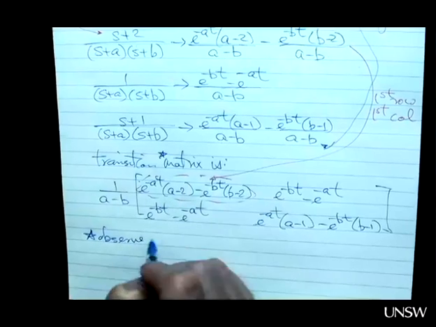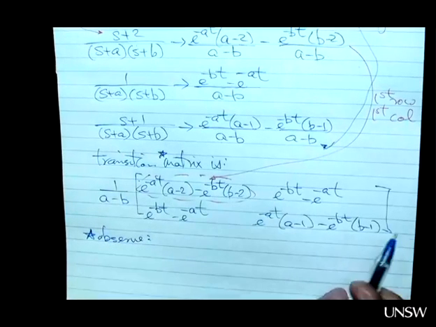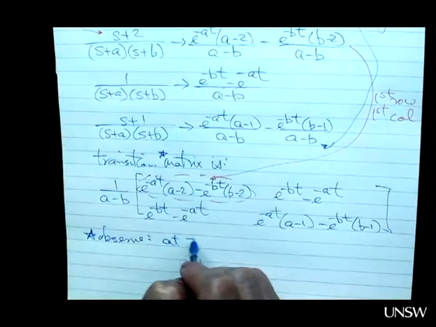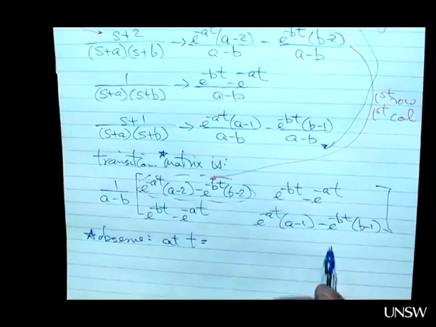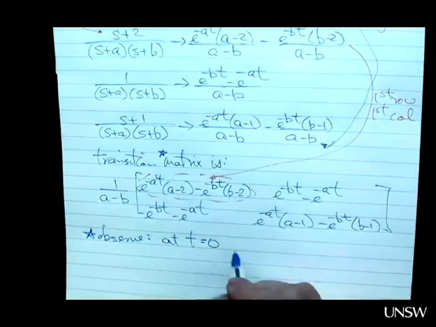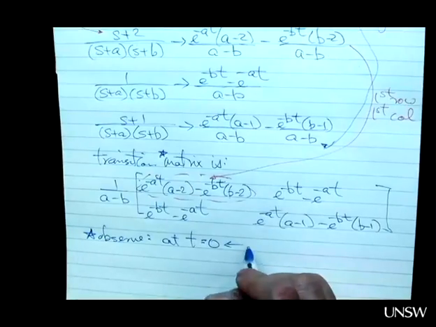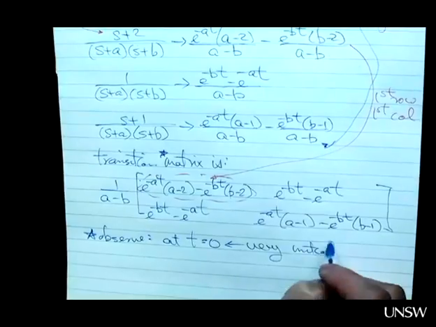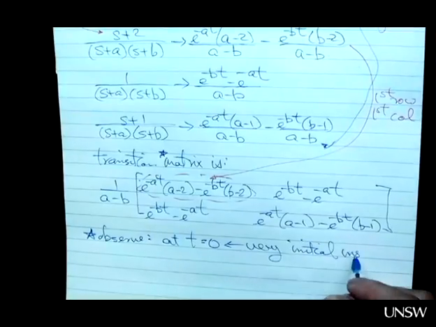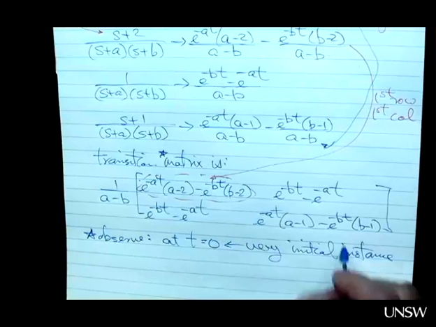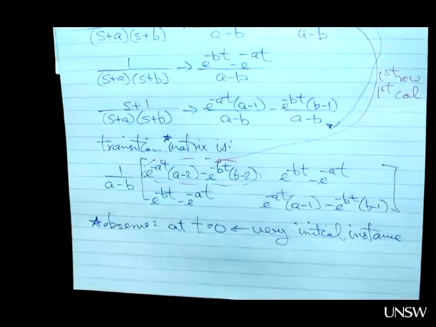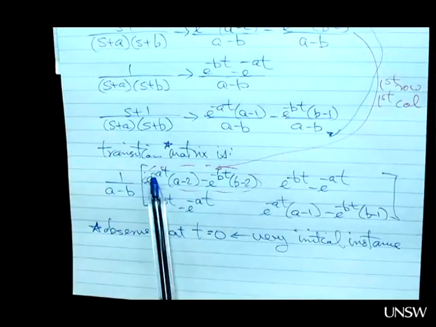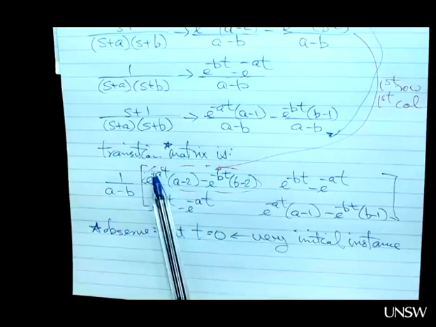So at t equals 0, okay, it is the very initial instance. So exponent t to 0 is 1. So every exponent term becomes 1.